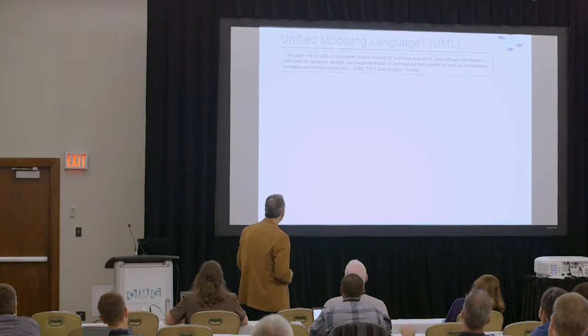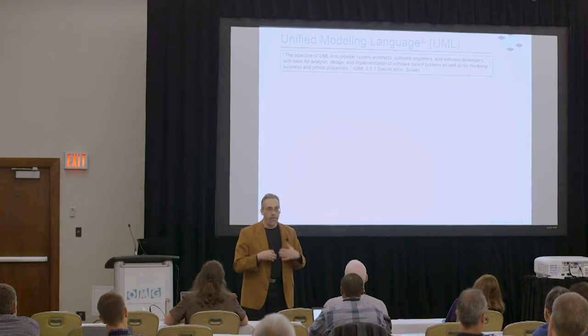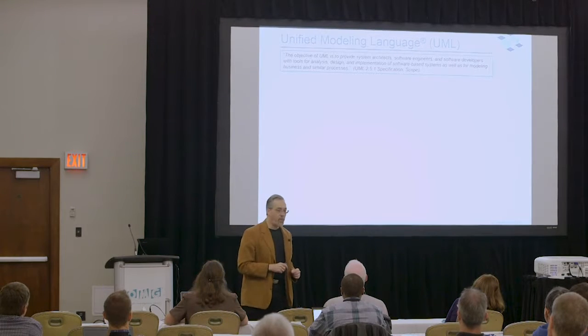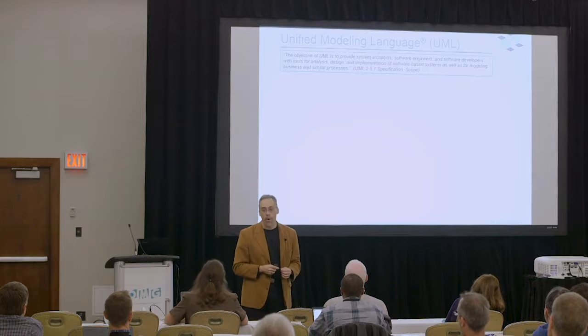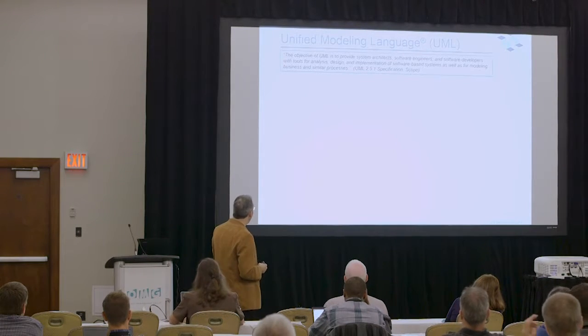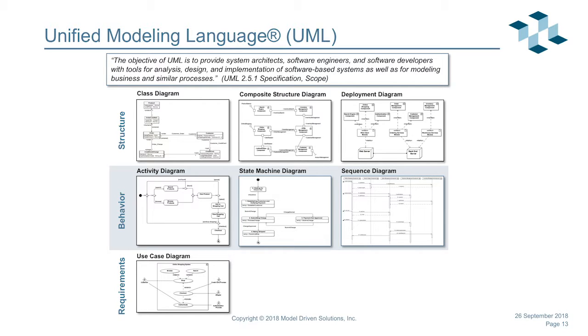First of all, we're going to talk about the Unified Modeling Language. After the break, I have another presentation where I'll go through more about it. Let me just briefly say here that it is a very general language that is intended to provide system architects, software engineers, and software developers with a tool for analysis, design, and implementation of software-based systems, as well as for modeling businesses and similar processes.